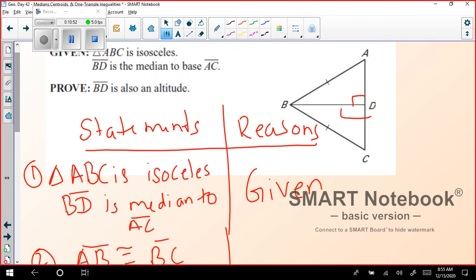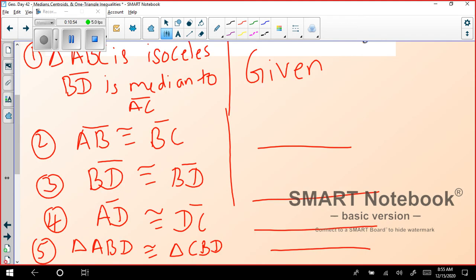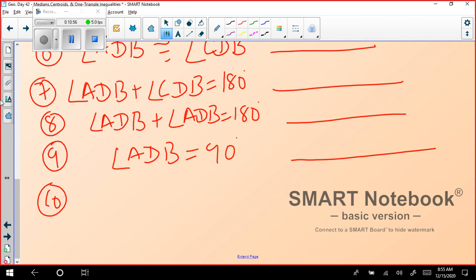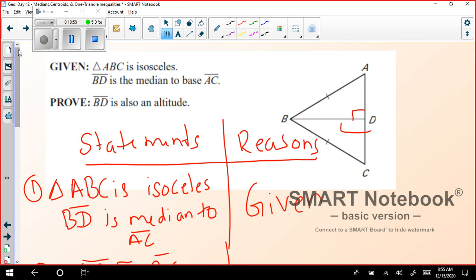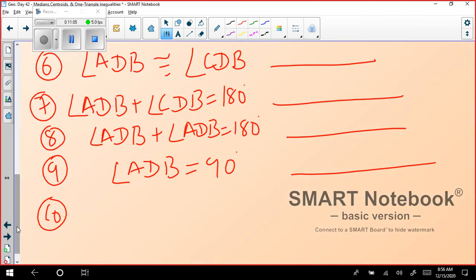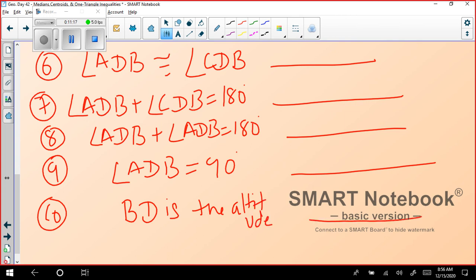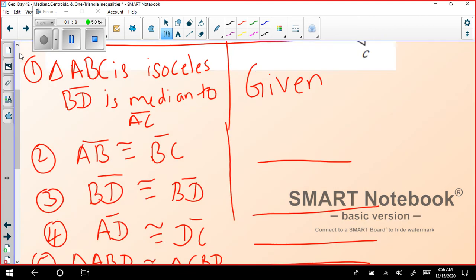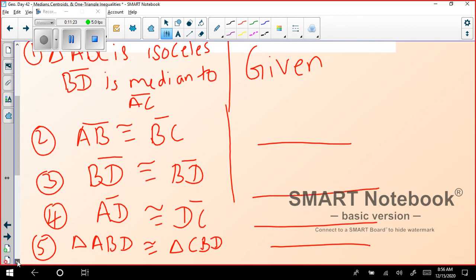And the last, whatever they had asked, BD is the altitude. Okay, just list out the reasons for these steps. I'll give you like a minute or so.